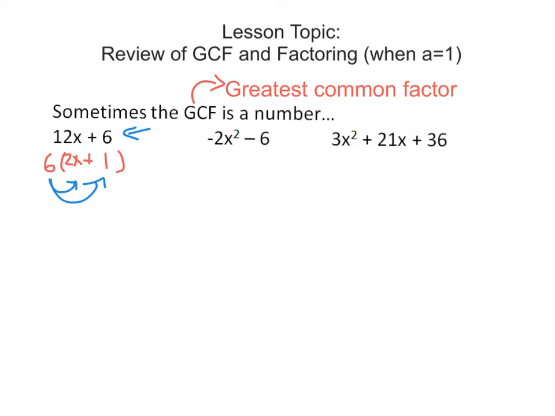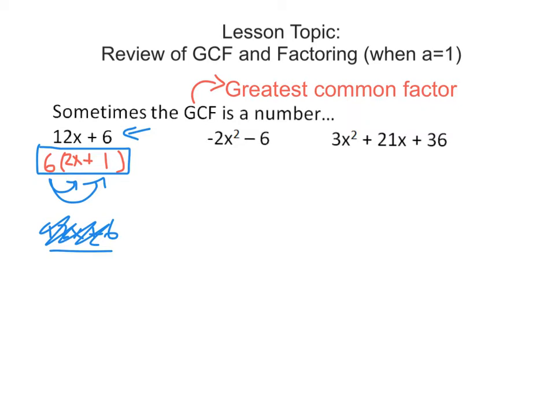So if I distributed 6 times 2x, that's 12x, and 6 times 1 is 6, so we'd have plus 6. We have gotten back to where we started. Okay, so you don't have to do this, it's just to remind you that what you get in your factored answer needs to be, if distributed, back to the original problem.